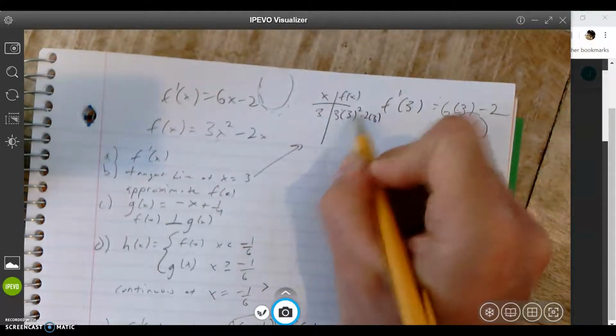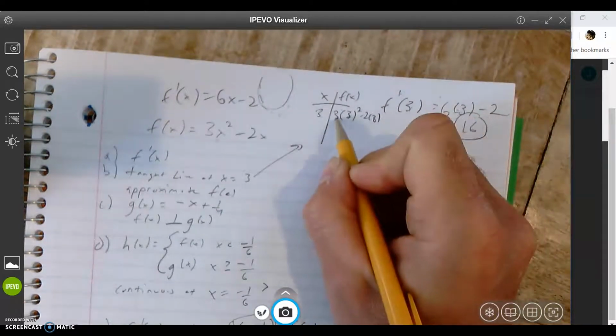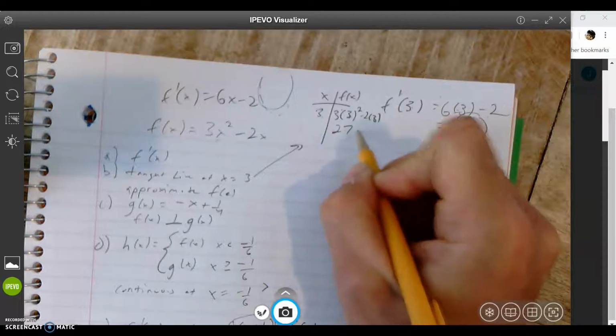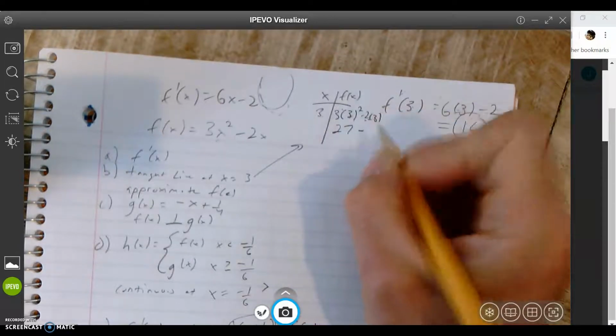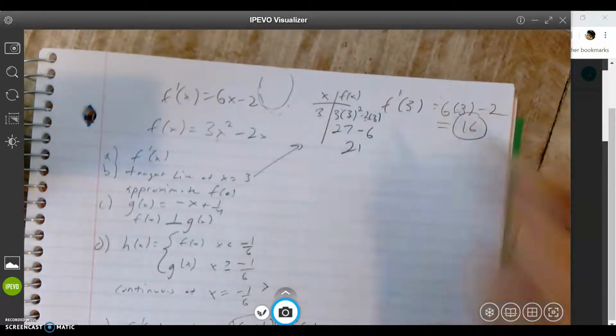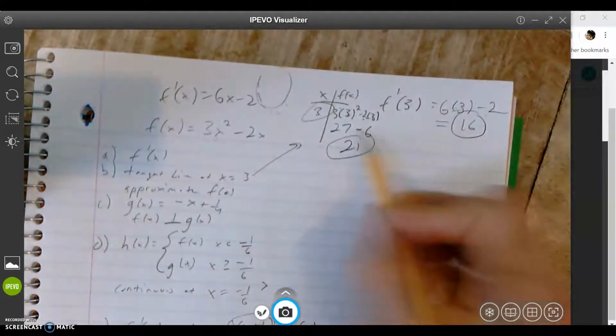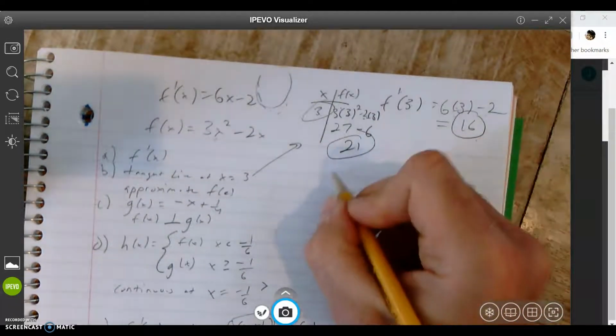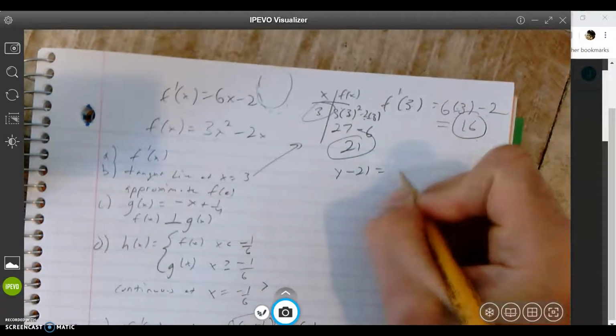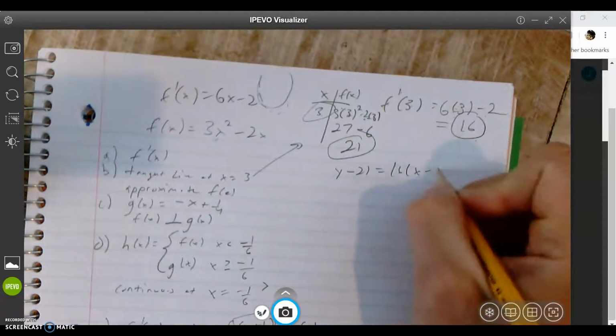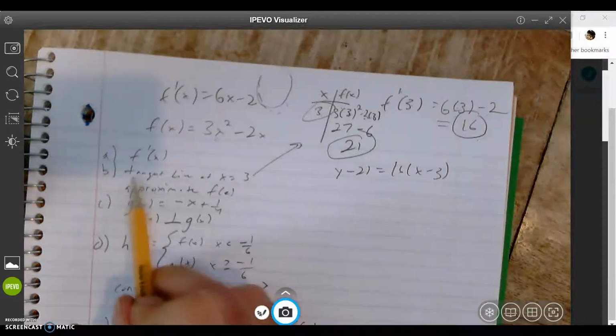What's this y value? 3 squared is 9. 9 times 3 is 27. Minus 2 times 3, which is 6, which is, boom, 21. So here's my x, here's my y, here's my slope. I'm locked and loaded. Y minus 21 equals 16(x minus 3). Bam. There's my tangent line.